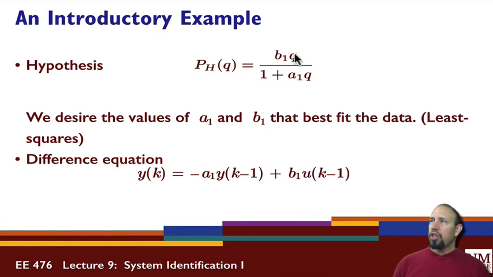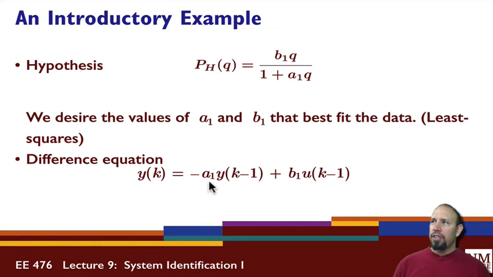This transfer function, with output y and input u, corresponds to this difference equation. When we looked back at difference equations, there was a direct relationship between a transfer function and a difference equation. So this is the difference equation we get from this transfer function. Now we're going to use the available data.